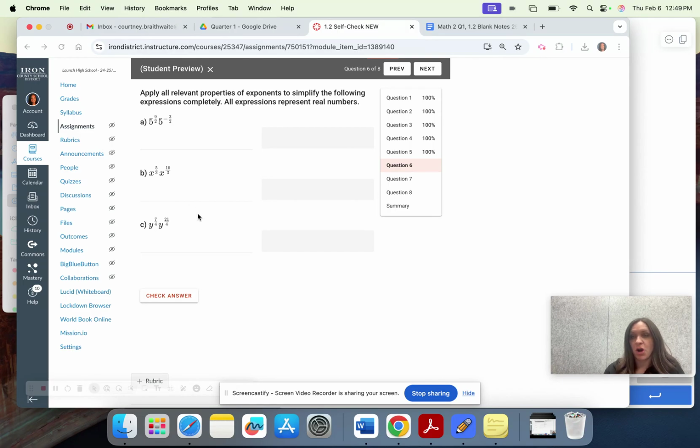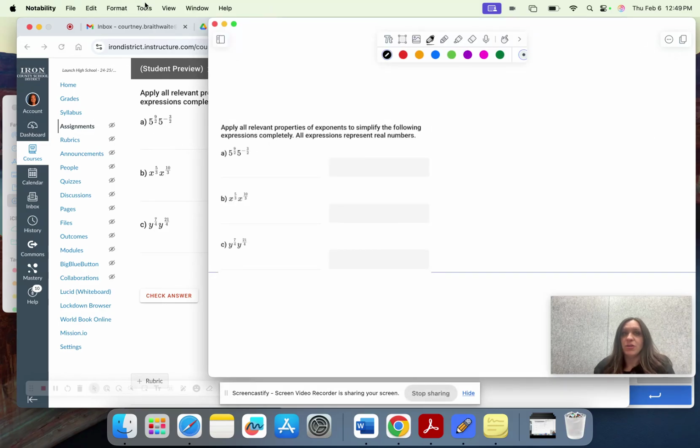So we need to know the property here when we are multiplying two things with the same base. And that is, you add the exponents. So because these both have a base of 5, it's base 5, and then I'm going to add 9/2 plus -3/2. And you can use a calculator for that.